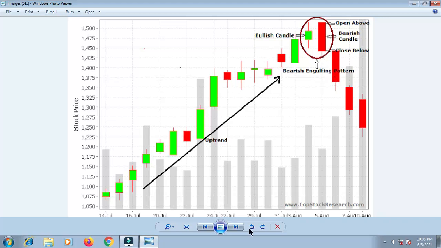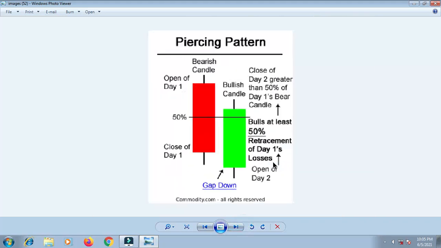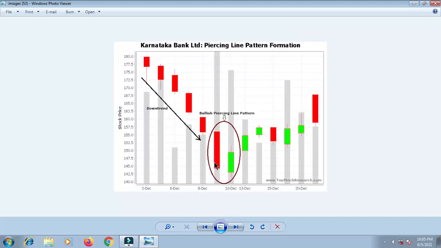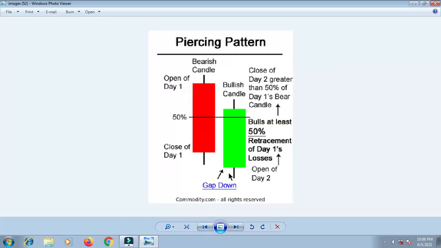Next is the piercing line pattern. It is the same as the engulfing pattern. The difference is that it will also open gap down with a big red candle, then go up. In engulfing, we used to completely engulf the previous day candle and close above the previous day's high, right?